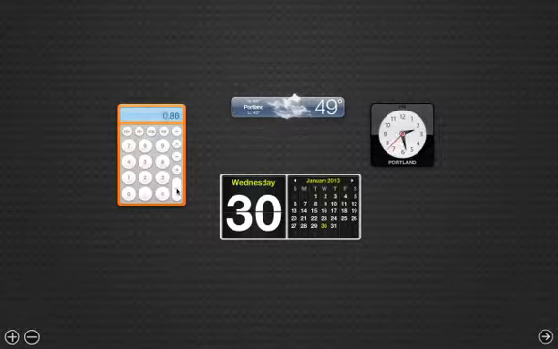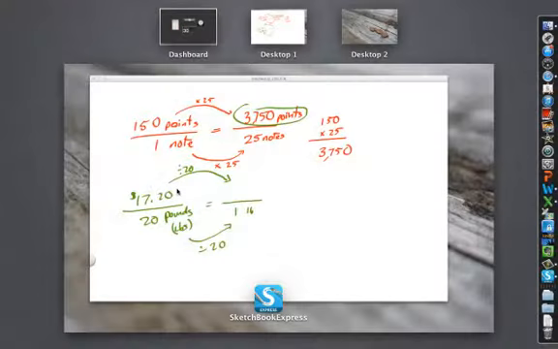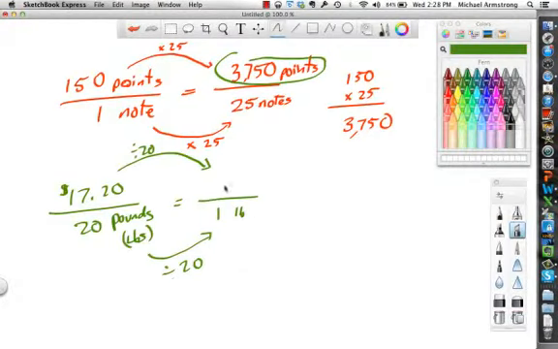It's 0.86, and that stands for 86 cents. So this is equal to 0.86 dollars. So that's 86 cents. So we changed from $17.20 to 86 cents per 1 pound of dog food. Pretty cool. All right, have fun.